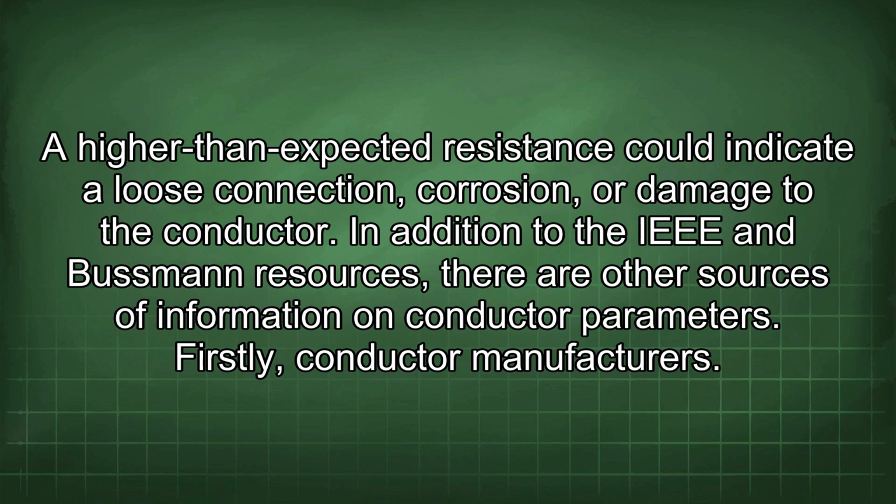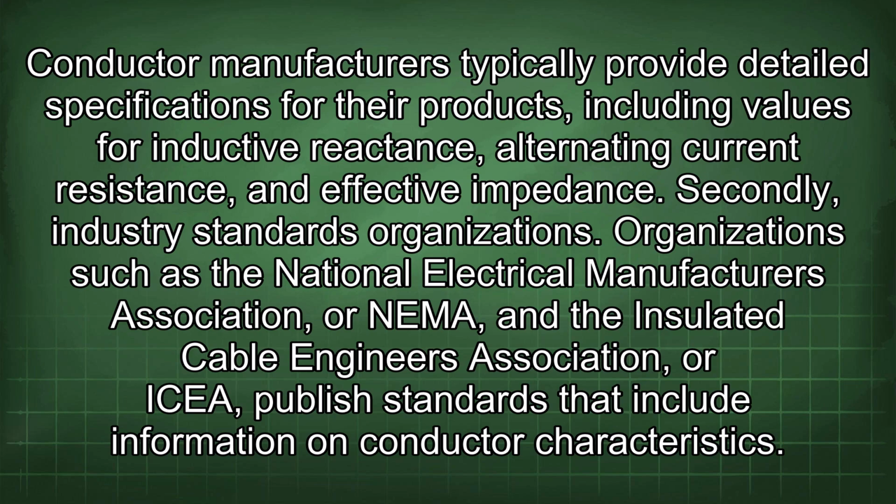In addition to the IEEE and Bussmann resources, there are other sources of information on conductor parameters. Firstly, conductor manufacturers. Conductor manufacturers typically provide detailed specifications for their products, including values for inductive reactance, alternating current resistance, and effective impedance. Secondly, industry standards organizations.